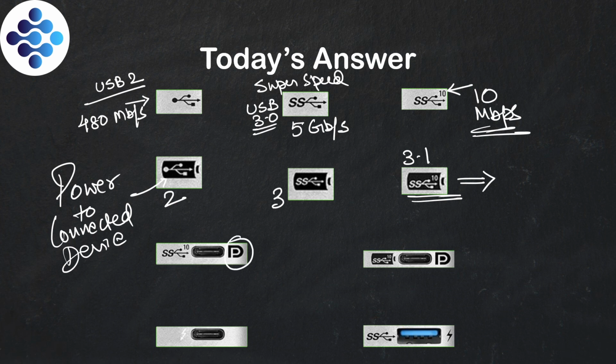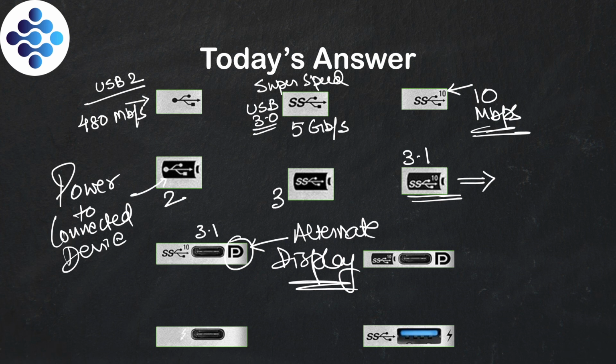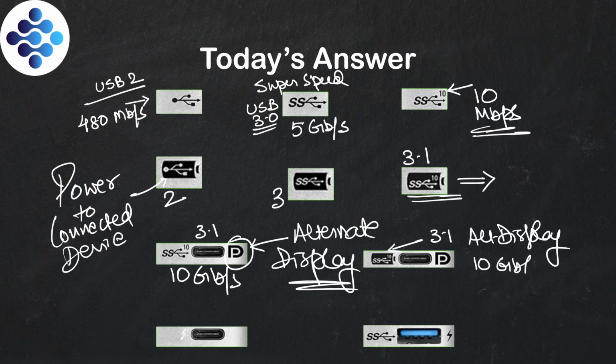This particular symbol indicates alternate display. So this is a port which is USB 3.1. It works at 10 Gbps and it would give an alternate display. USB 3.1, it is with alternate display. It works at 10 Gbps and it gives power.